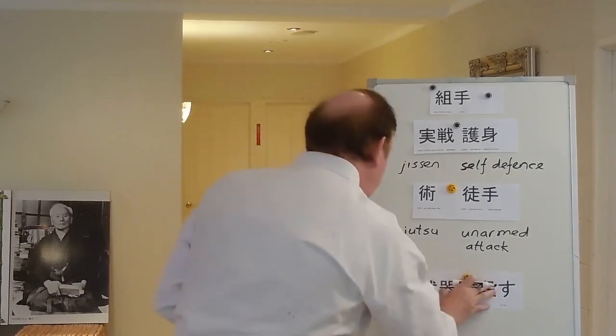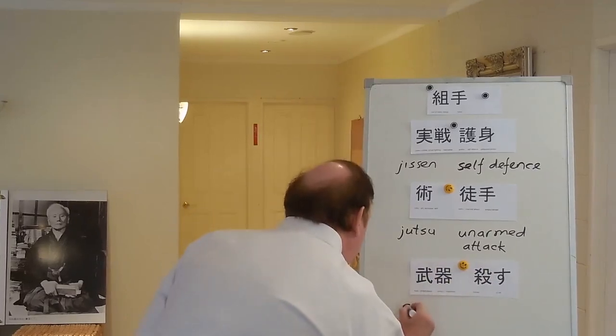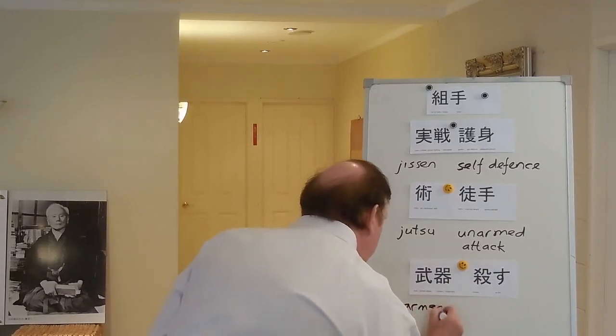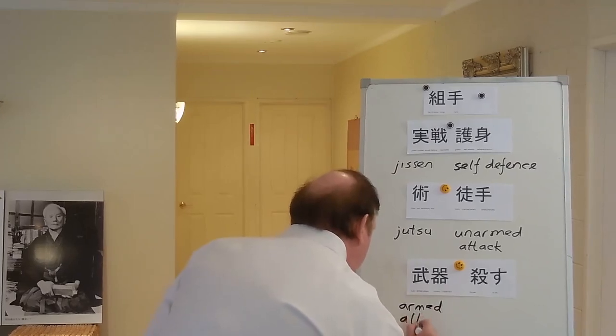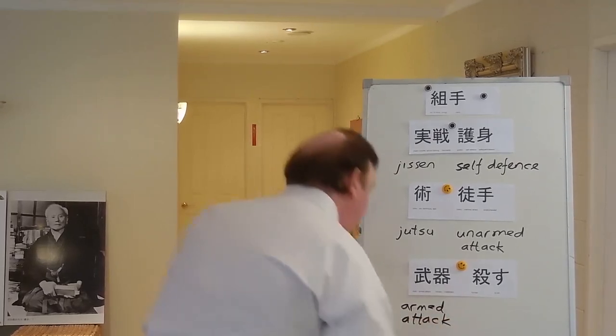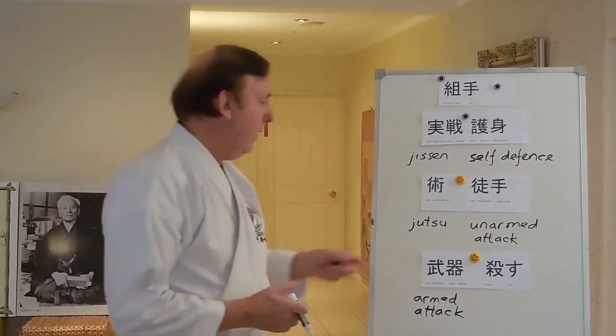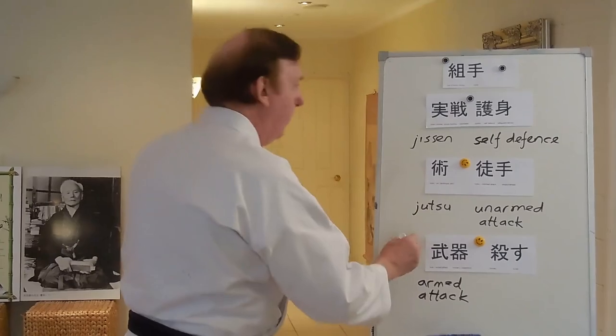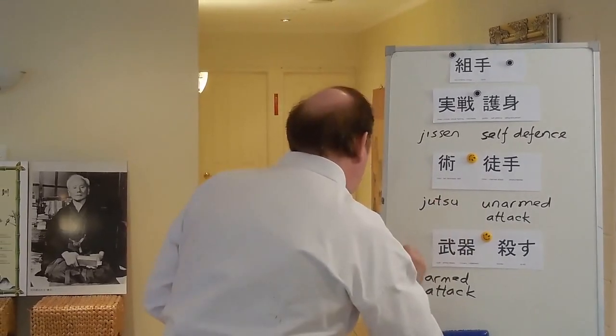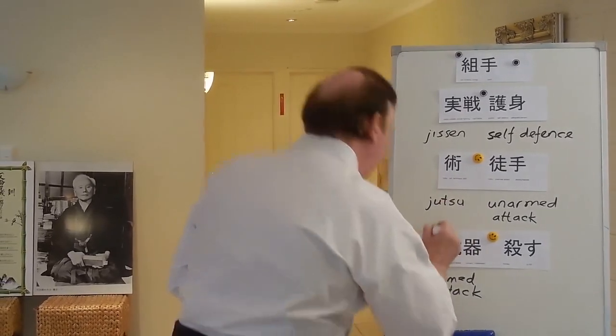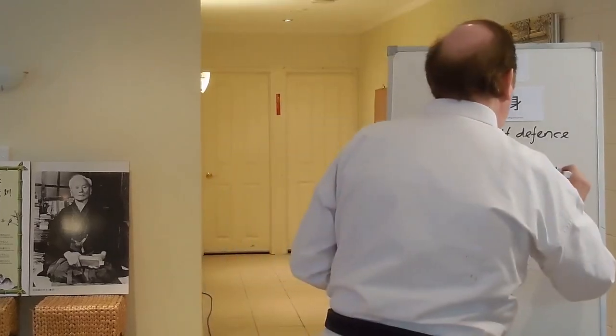And the last one's down here. This one would be an armed attack, so if somebody came at you in society with a gun or a sword or a knife or whatever other instrument, then this one would be called buki. Just to put that one up there, that's toshu.